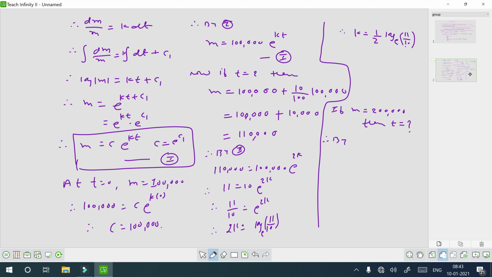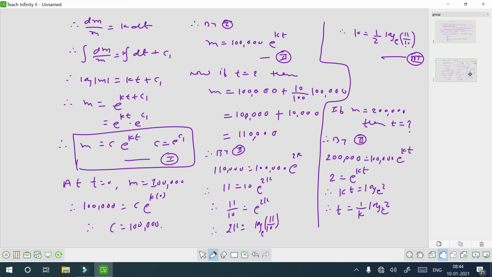So first of all, by 2, 2 lakh is equal to 1 lakh e raised to kt. Call this value of k as result number 3. So what we get? 2 is equal to e raised to kt. So kt is equal to log 2 base e. So t is equal to 1 by k log 2 base e.